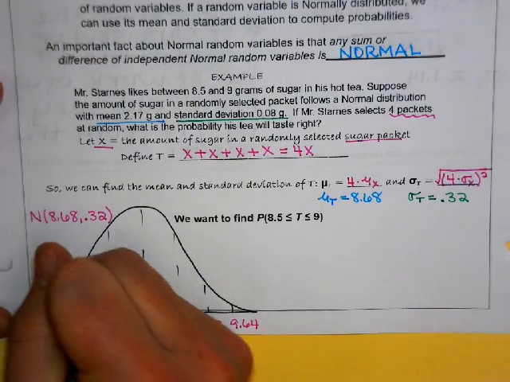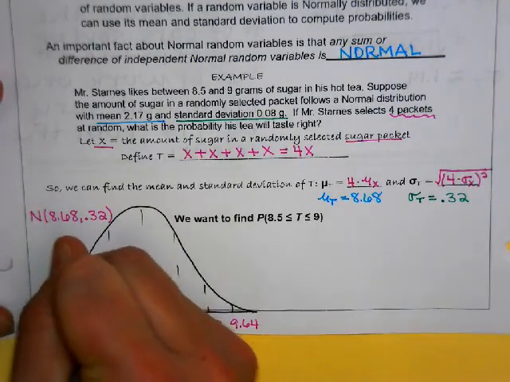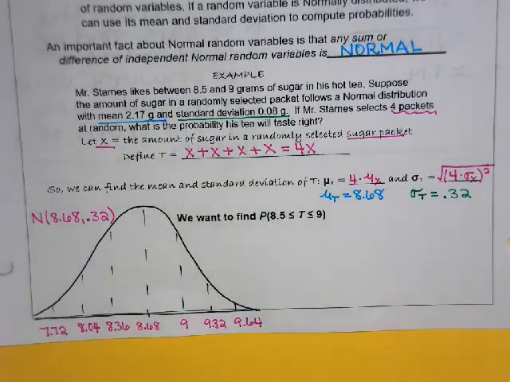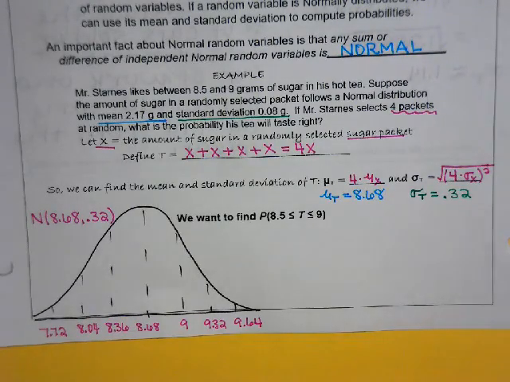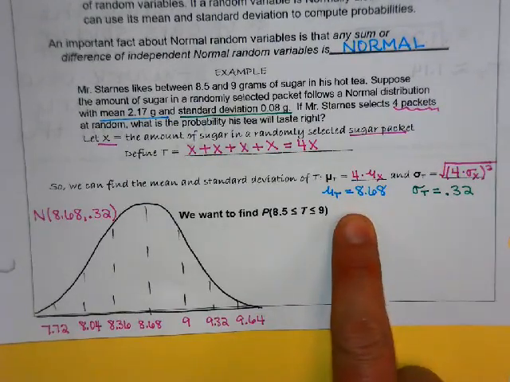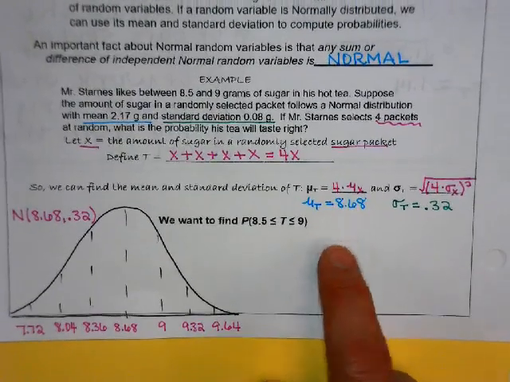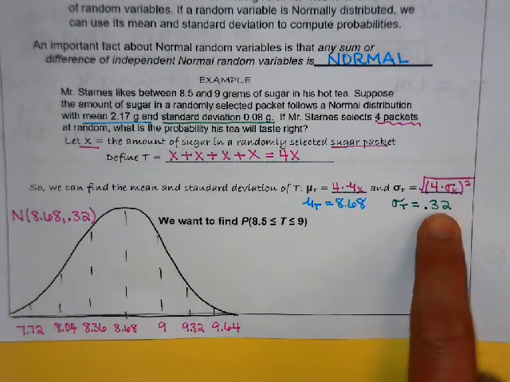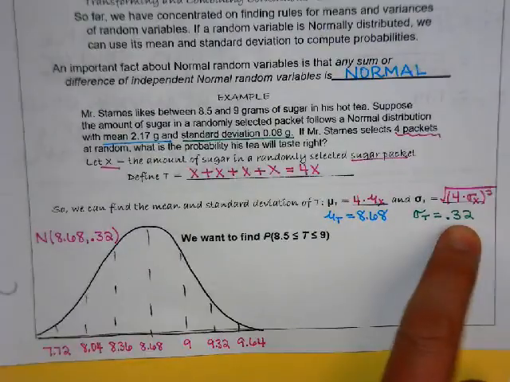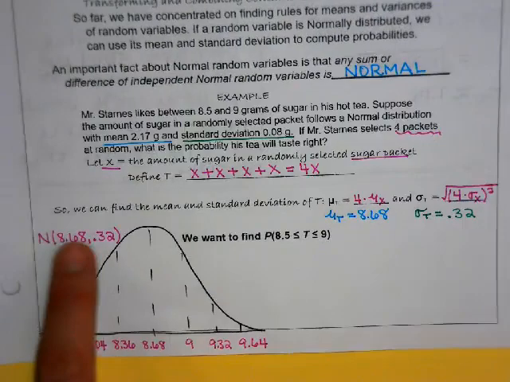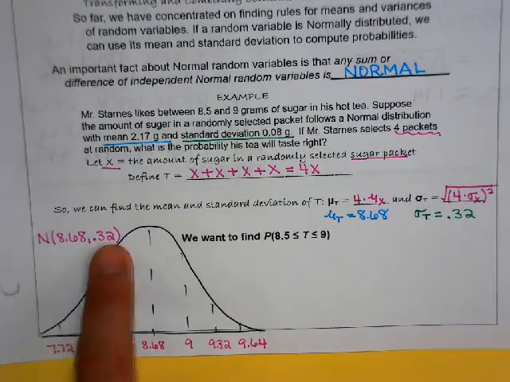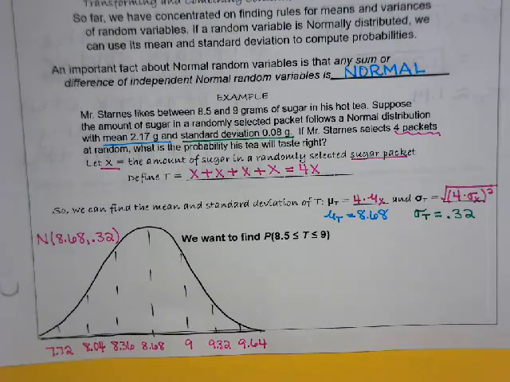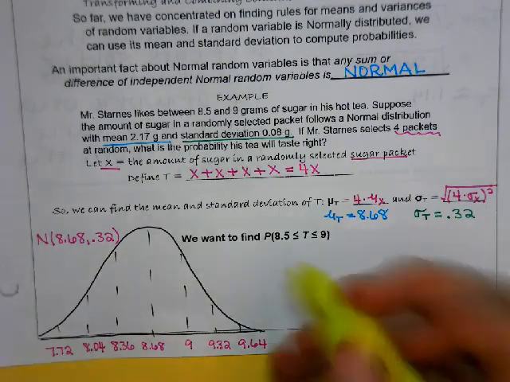All right, quiet back down. So, now that I know the mean and the standard deviation of 4 sugar packets, I can draw my normal curve. It's got a mean at 8.68, standard deviation of 0.32. We want to find the probability that those 4 sugar packets have between 8.5 and 9 grams of sugar so that Mr. Starnes thinks his tea tastes right.